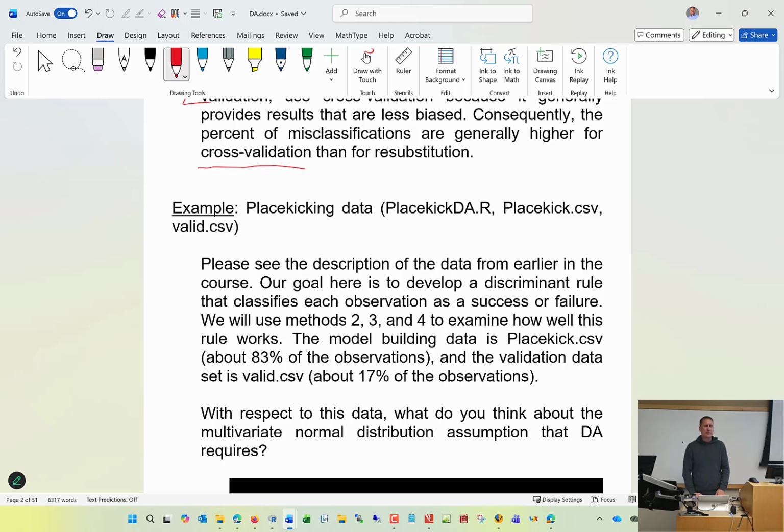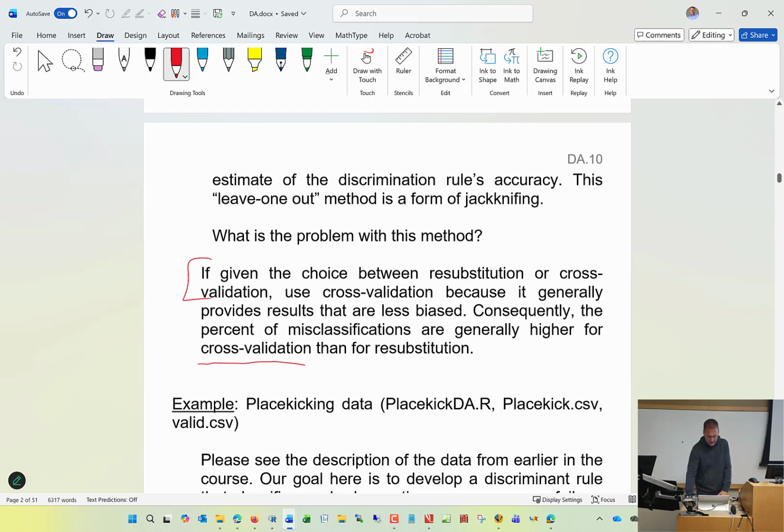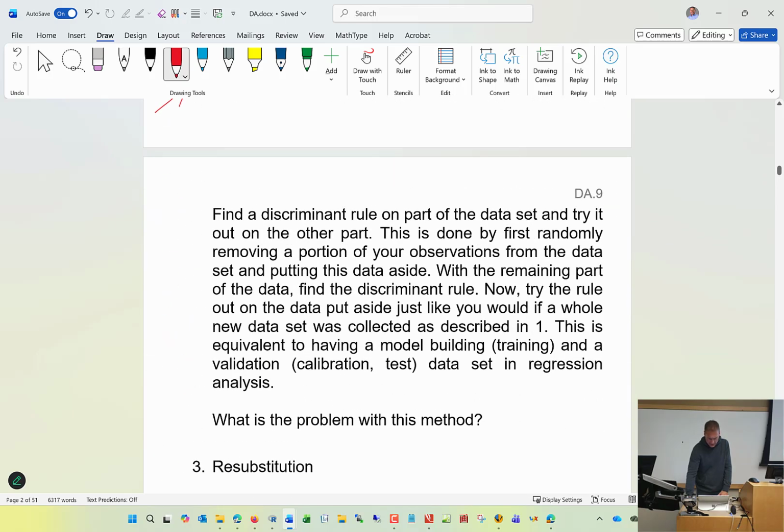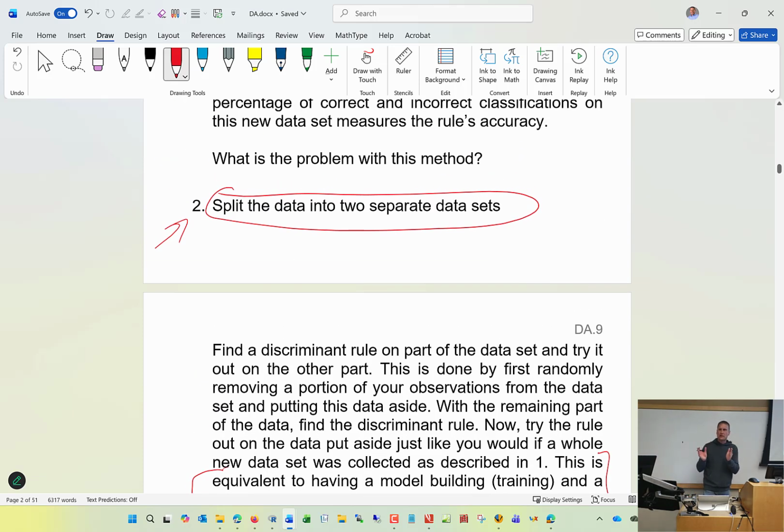You will see people recommend 80-20% splits or 50-50 splits. I think typically I tend to go towards a 50-50 split more often nowadays. Let me also make sure that I define a certain terminology here. When I do split the data set into two, the part of the data that I use to develop this discriminant rule, the statistical rule, is often referred to as a model building data set.